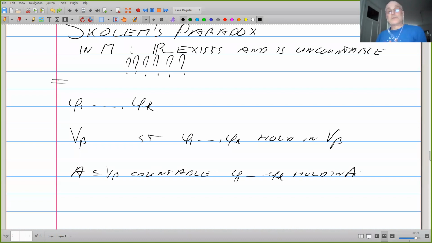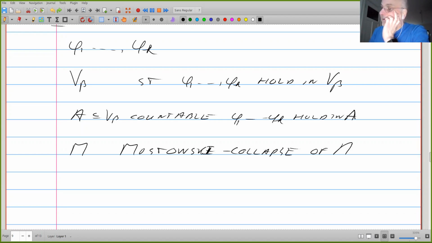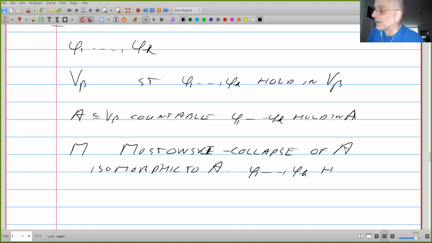So that meant if the formulas hold in V beta, they also hold in A. And then M, okay, if you go to Jech's book to 615, this thing is called the Mostowski collapse of A. That's isomorphic to A. And so the phi i's hold in A, hold in M. This whole construction could be done in a formal proof in ZFC.